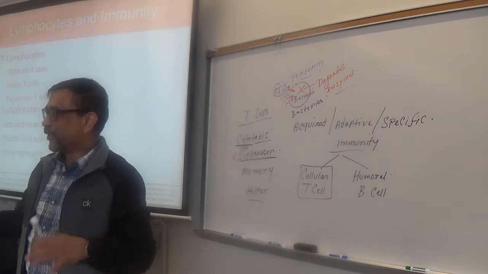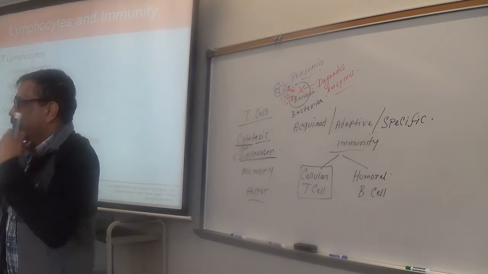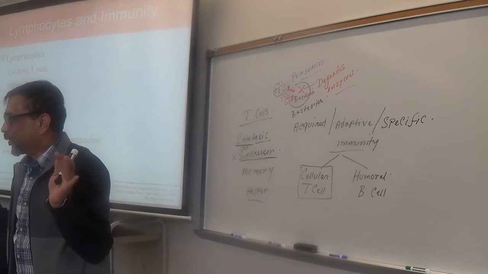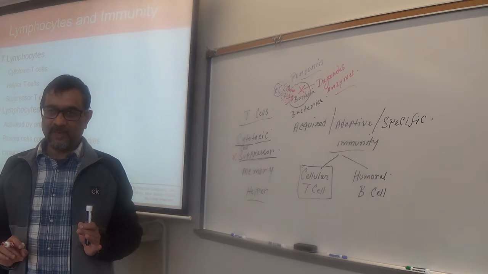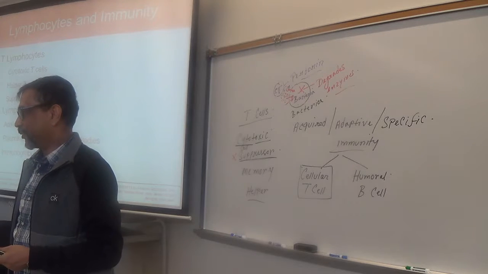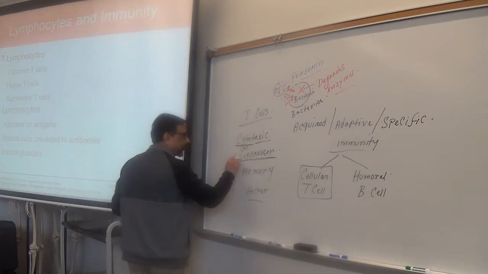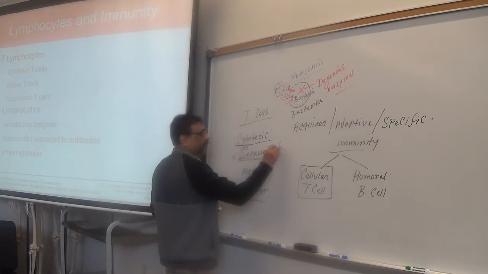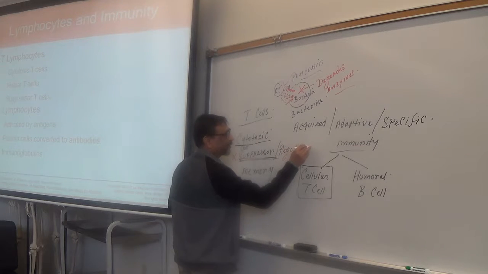Control. So now if suppressor T cells are not there, then immune response will be more than what we need, right? So that can lead to autoimmune disease or hypersensitive reactions of the body. Make sense? So that's why suppressor T cells play regulatory role, and they are also called regulatory T cells.